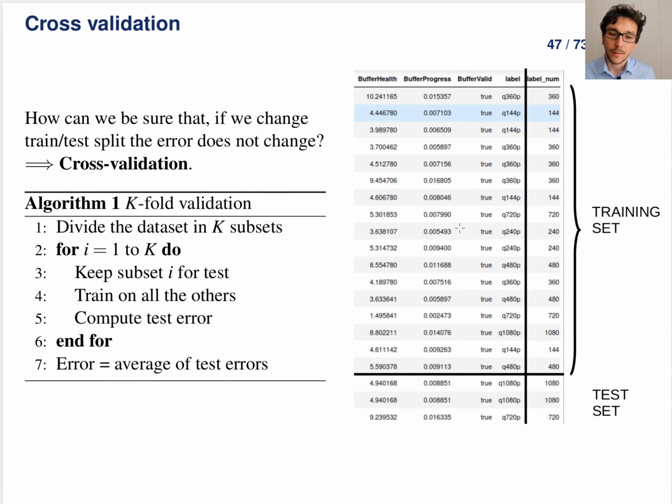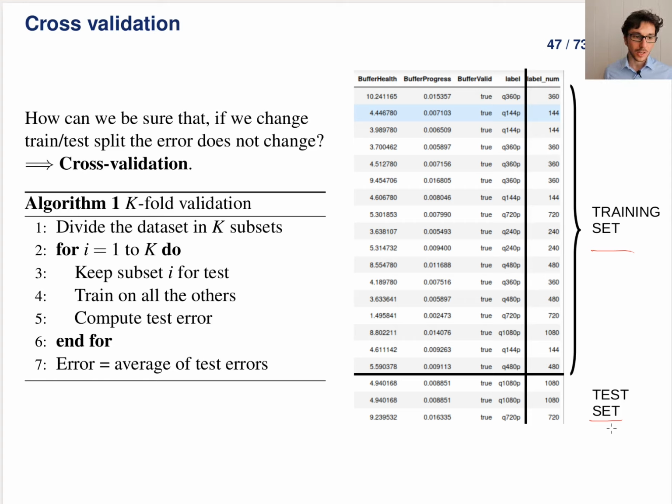So far we have divided our entire dataset in a training set and a test set, trained the model on the training set and measured its performance on the test set. But are we sure that the performance we observe are general trends, or are they just due to the way we are splitting training and test set? We can't be sure.